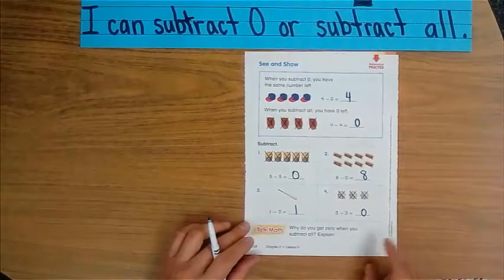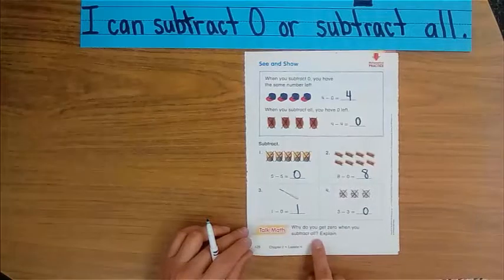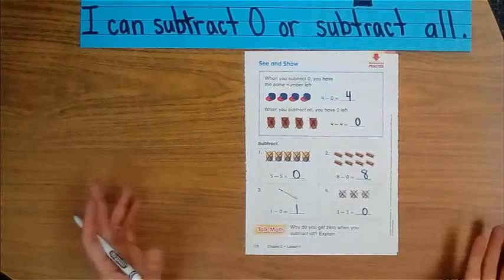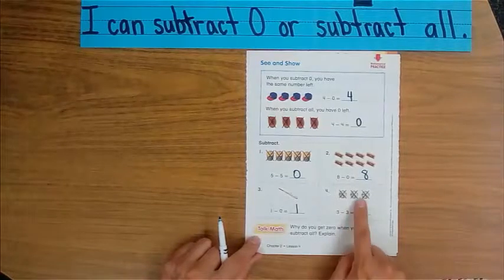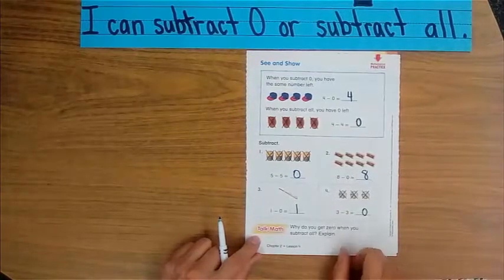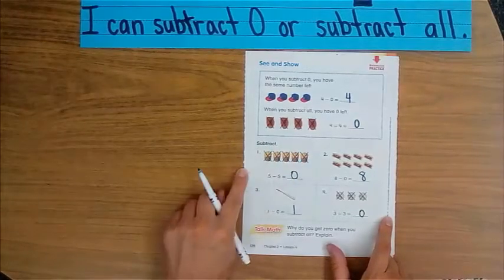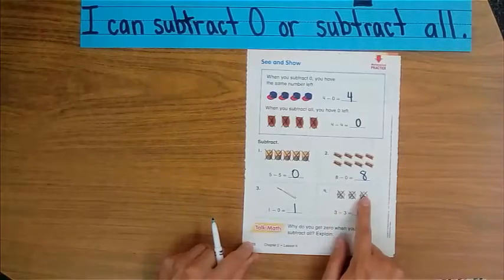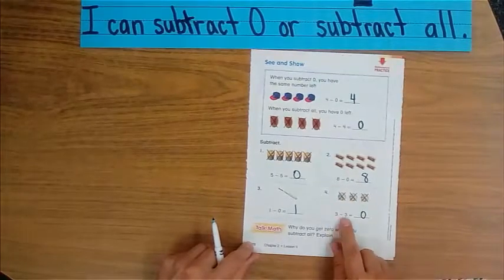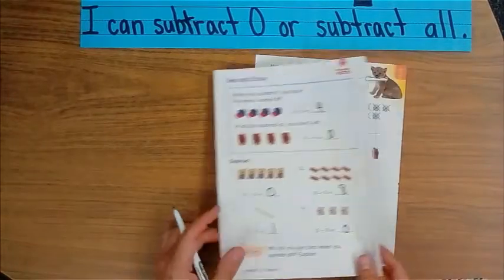So why do you get 0 when you subtract all? That's right, because you're taking them all away, right? So right here I had 5 and I took them all away, so I had nothing left. Right here I had 3 and I took them all away, so I had nothing left. I had 0 left. Great.